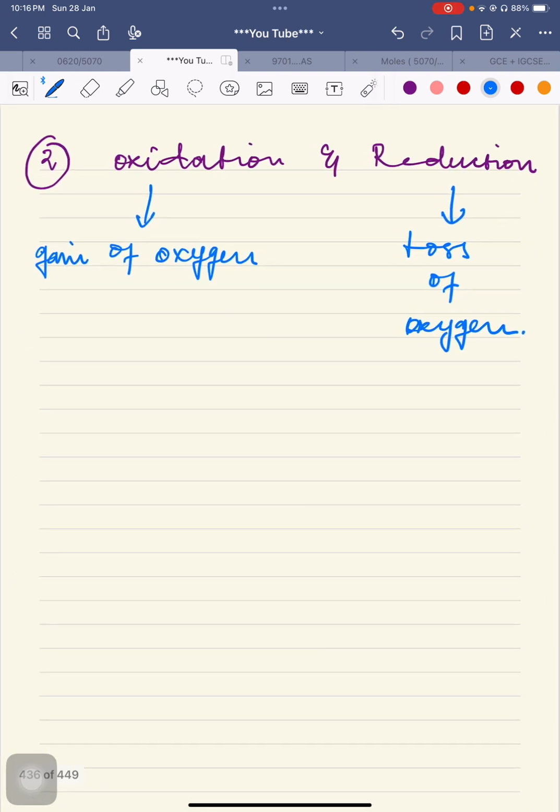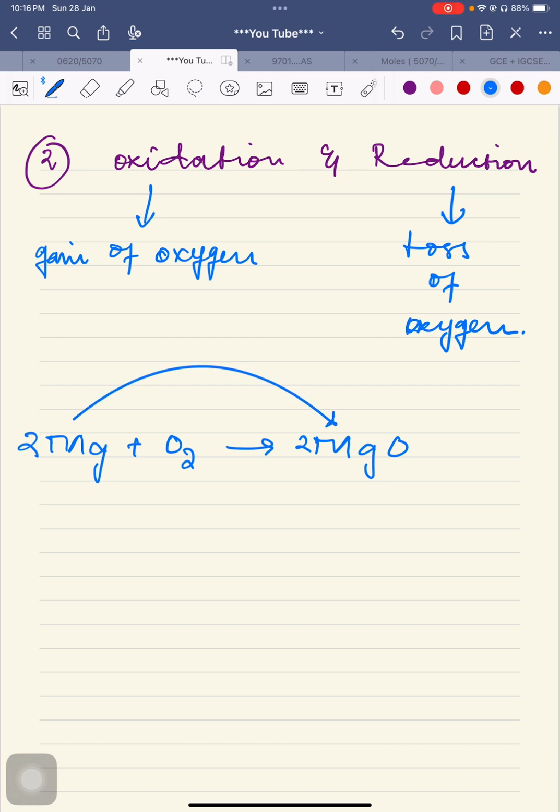Let's consider an element, for example magnesium reacting with oxygen. We can say it is forming magnesium oxide. As the equation is not balanced, I have written 2. If we are not going to implement the definition of electrons, we can implement the definition of oxygen here as well.